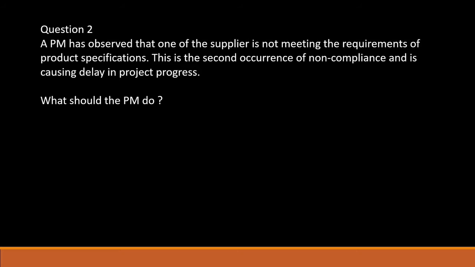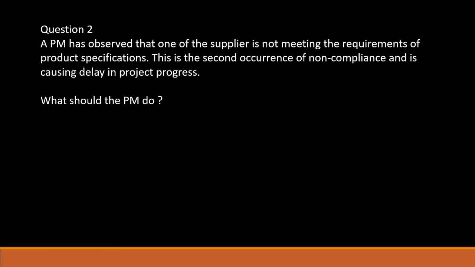So question number 2, a PM or a project manager has observed that one of the suppliers is not meeting the requirements of product specifications. This is the second occurrence of non-compliance and is causing delay in the project progress. What should the PM do?